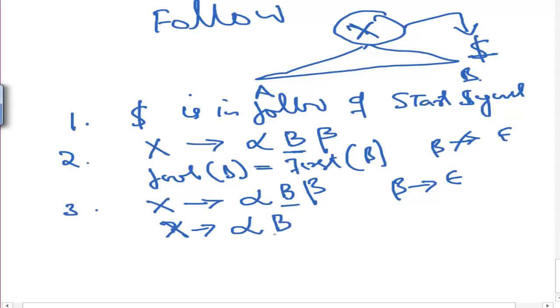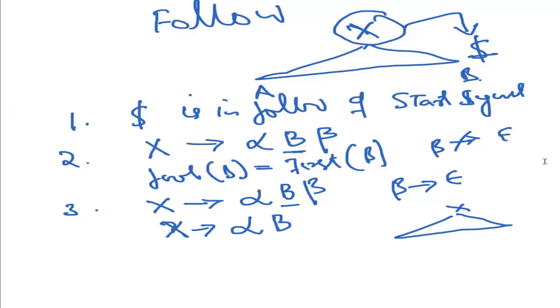In this case the follow of b is the same as the follow of x. If you're not understanding, I will put it like this. Say x was producing something: this much was alpha, then b, and the rest of that is beta. This is the full thing.